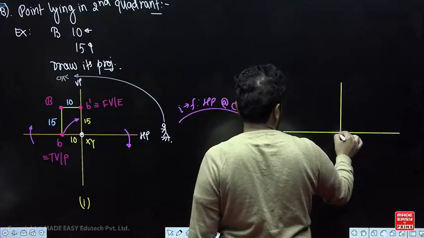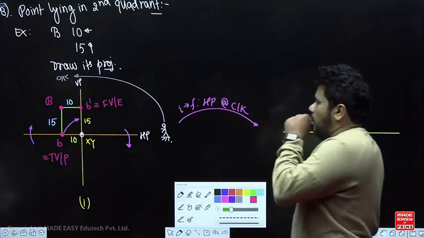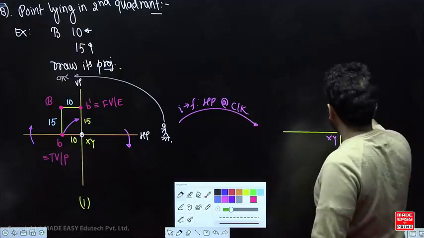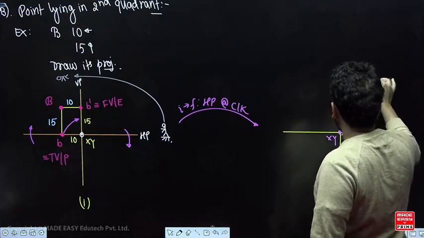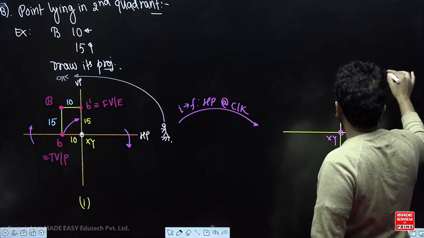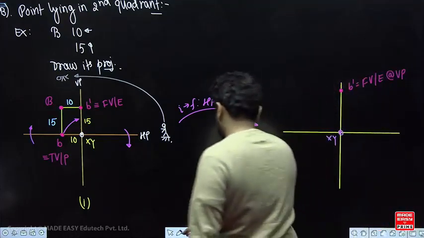So this is your XY. Point B dash, where it is? This is point B dash. Front view or elevation at VP. How much height? 15.